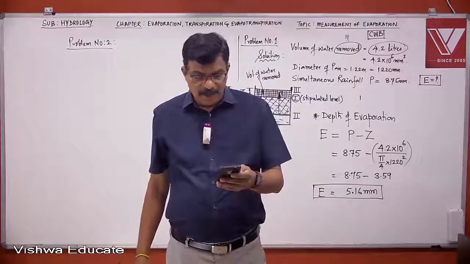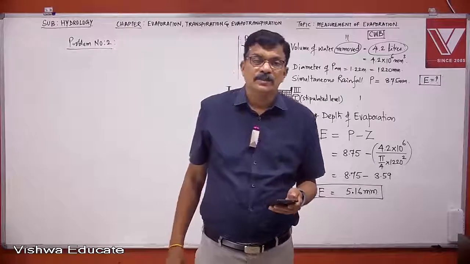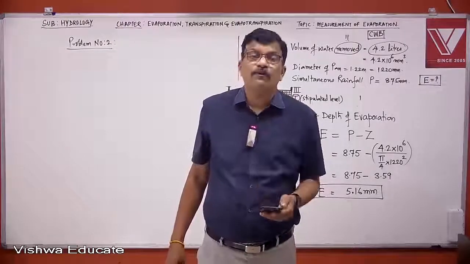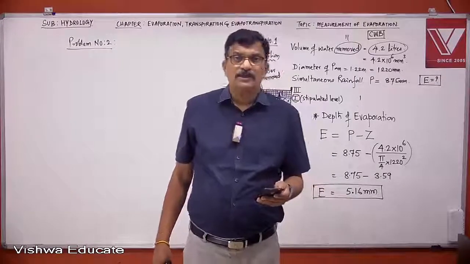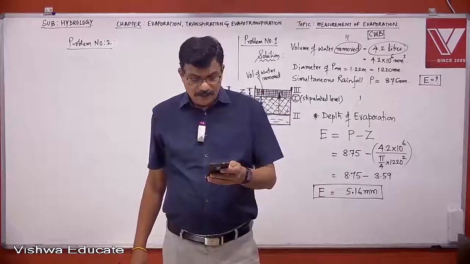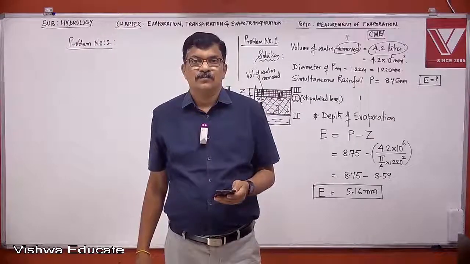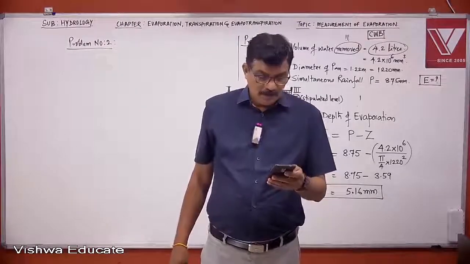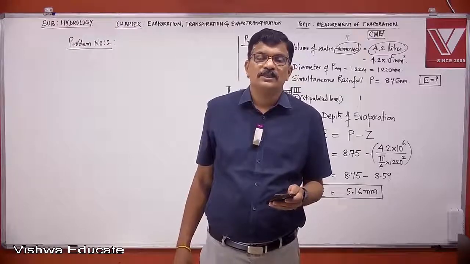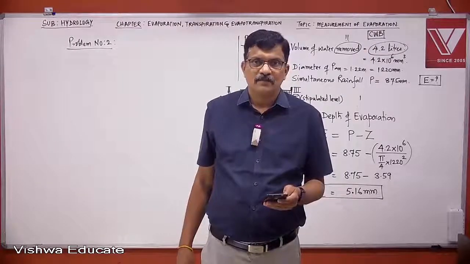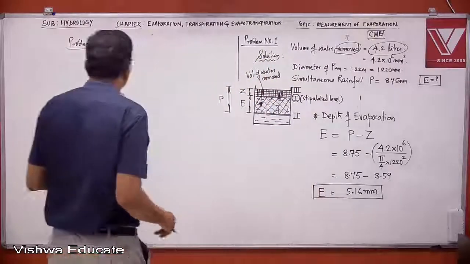If the nearby rain gauge measured a rainfall of 4.2 millimeters, what is the actual evaporation given the pan coefficient as 0.7? That is the question given to us here.